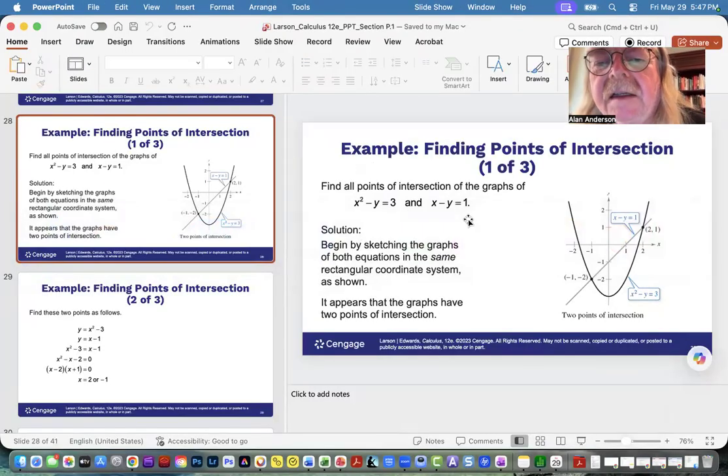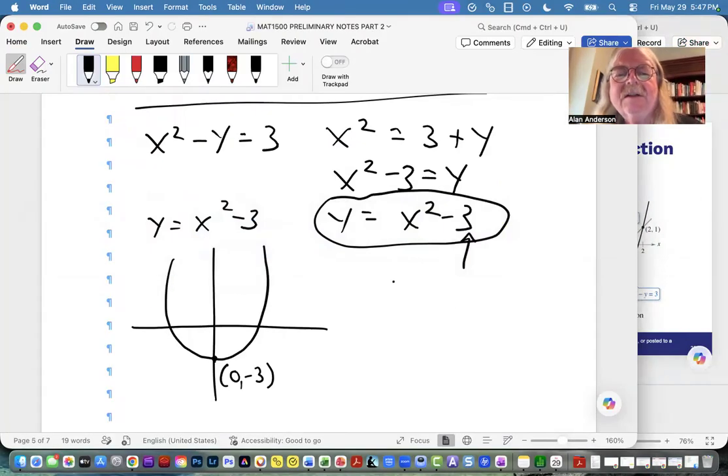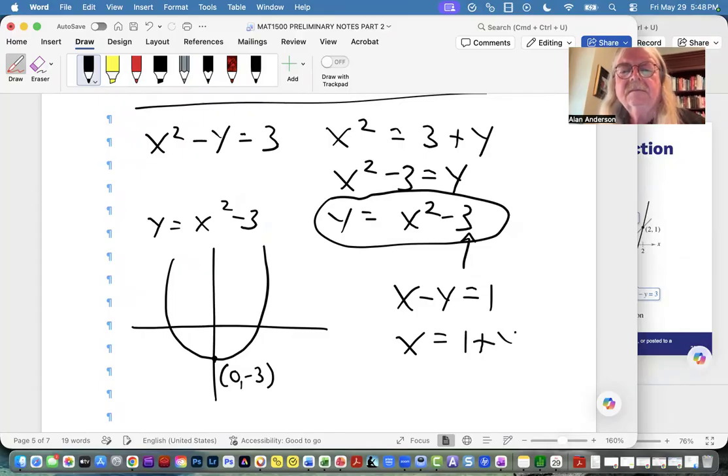The straight line, and they did it again, x minus y equals 1. And of course, we know that that looks something like this.